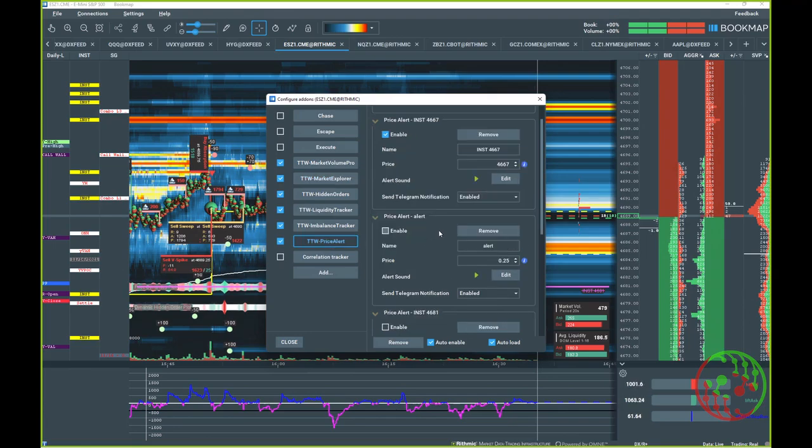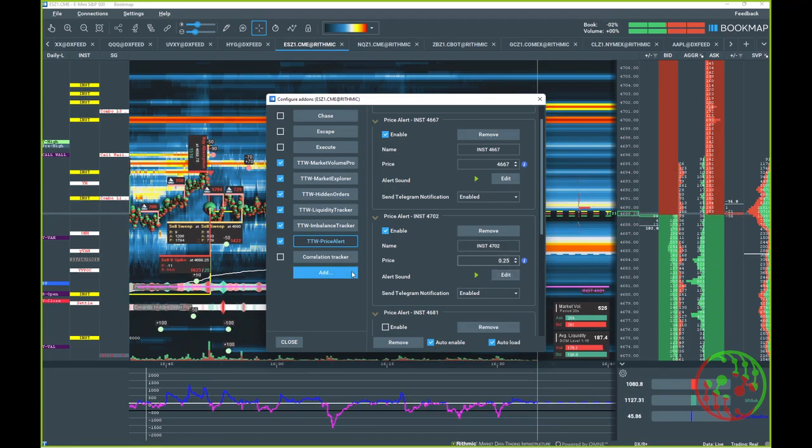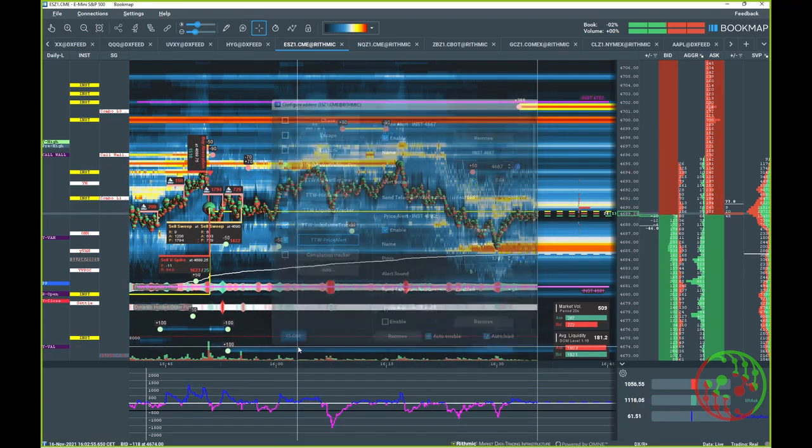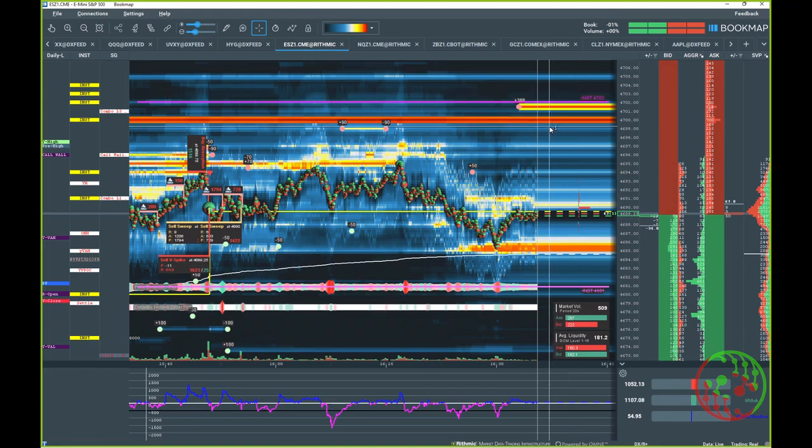Let me check that. So that's the picture we have today of this market.